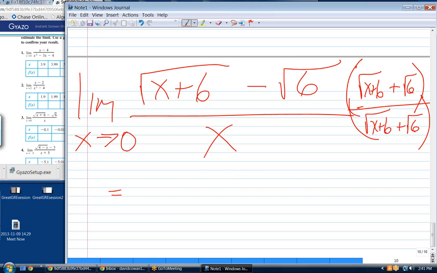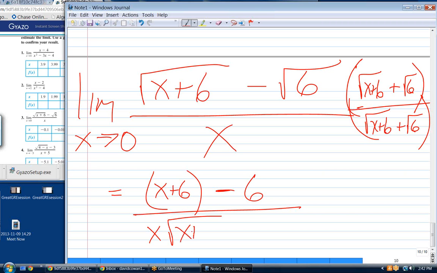Well, same thing with a radical, like this. Once I multiply this numerator by this numerator, I'm going to get this left term squared, which is x plus 6. And I'm going to subtract this term squared, 6. The bottom becomes x times x plus 6 plus x root 6.